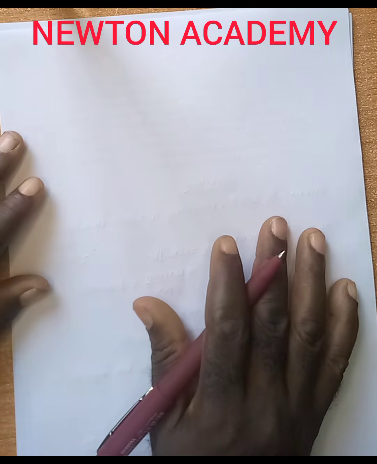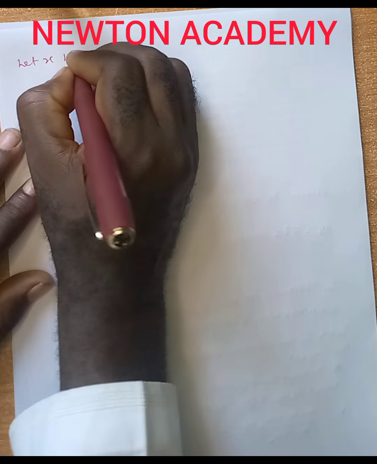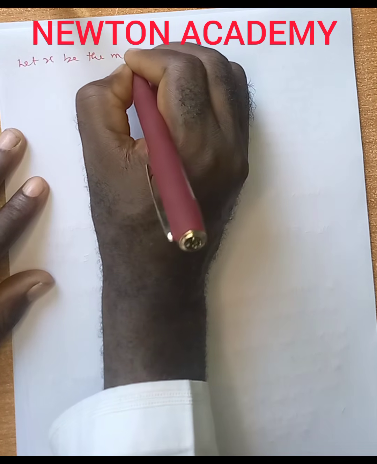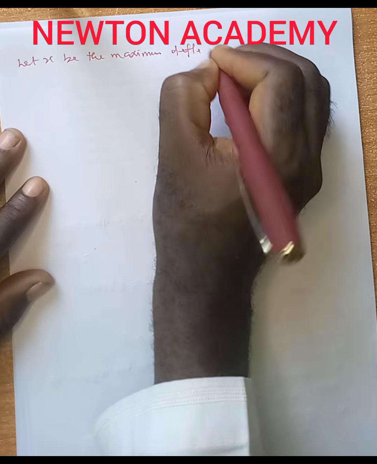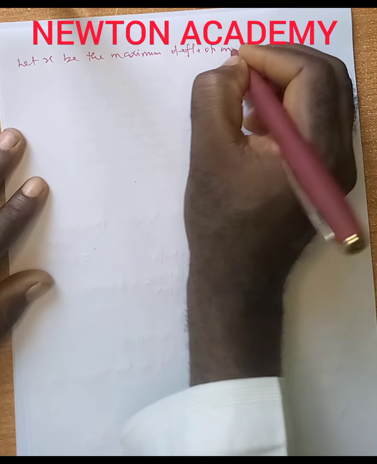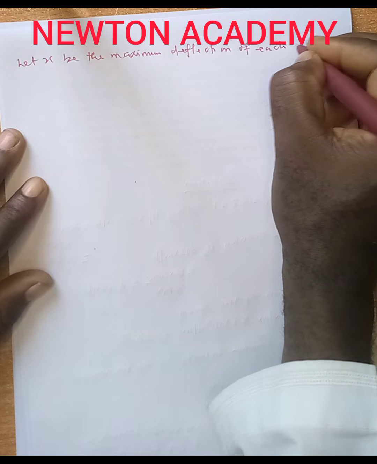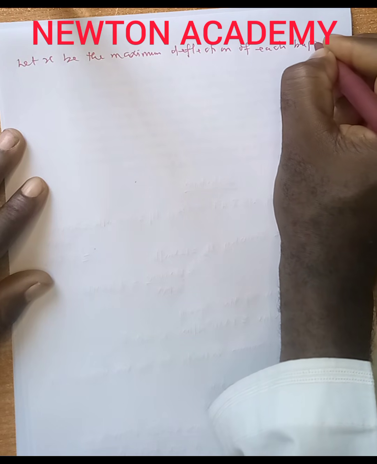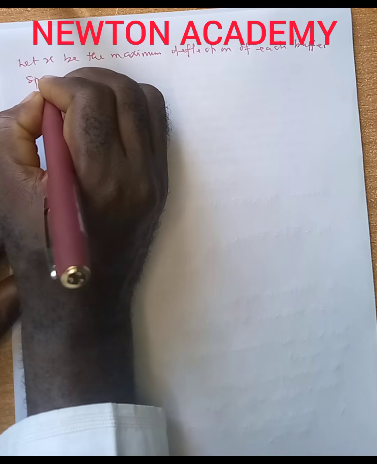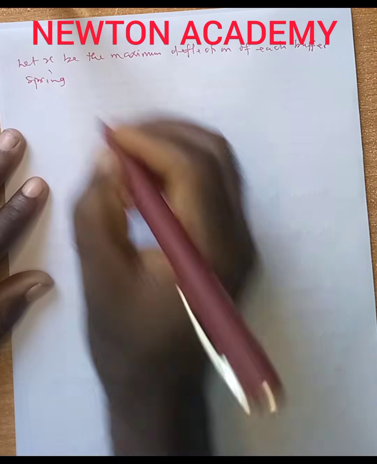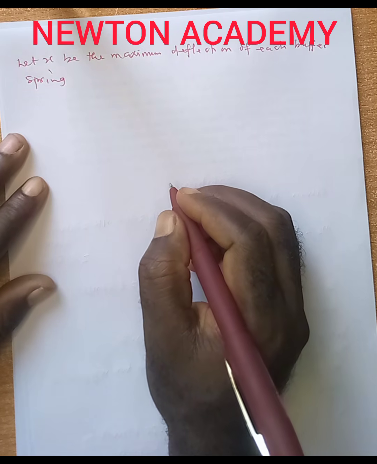Now, for maximum deflection, let x be the maximum deflection of each buffer spring. Now, we already know that S is the stiffness of the spring.